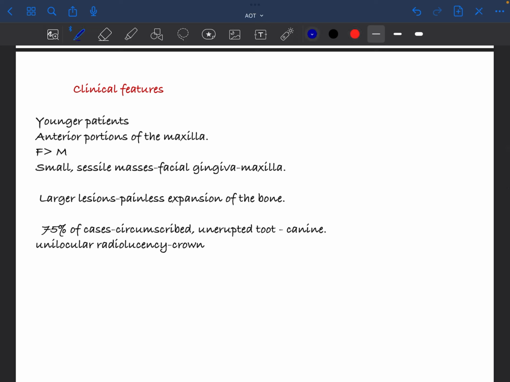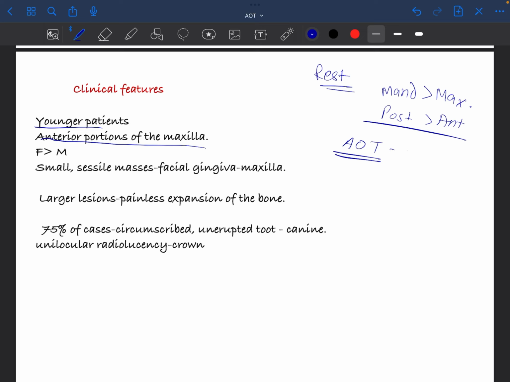On the clinical features, it mostly affects young patients, and it's one of the major tumors which actually occur in the maxilla. Most tumors are more common in the mandible than in the maxilla, in posteriors than in anteriors. But AOT is rebellious, right?